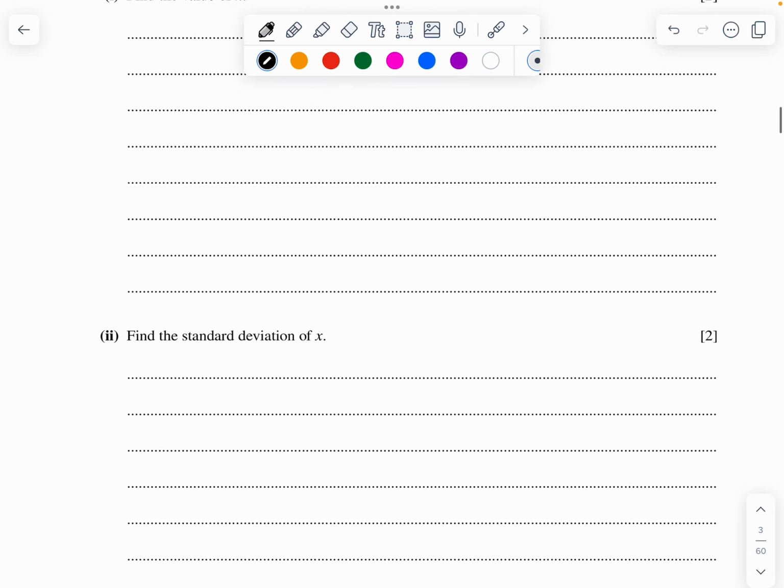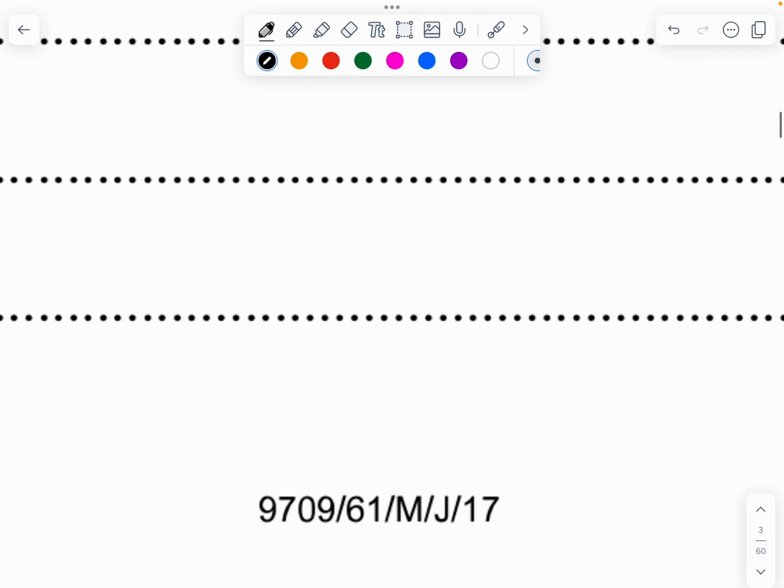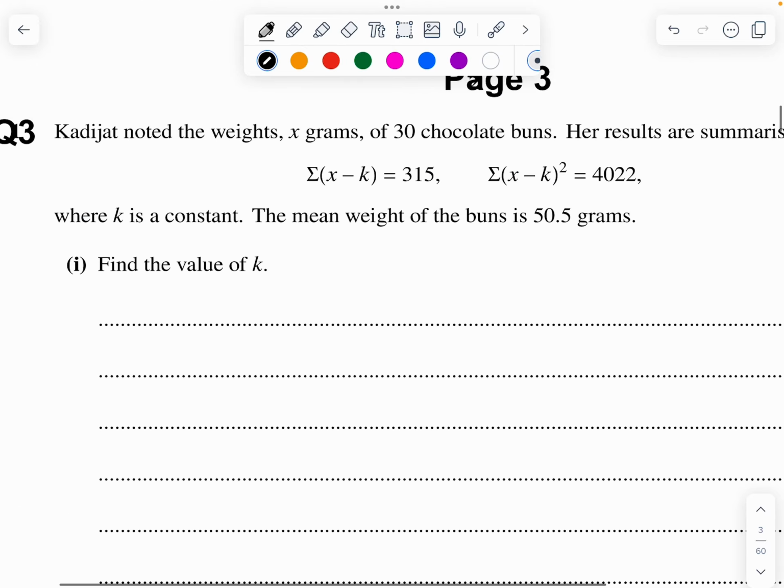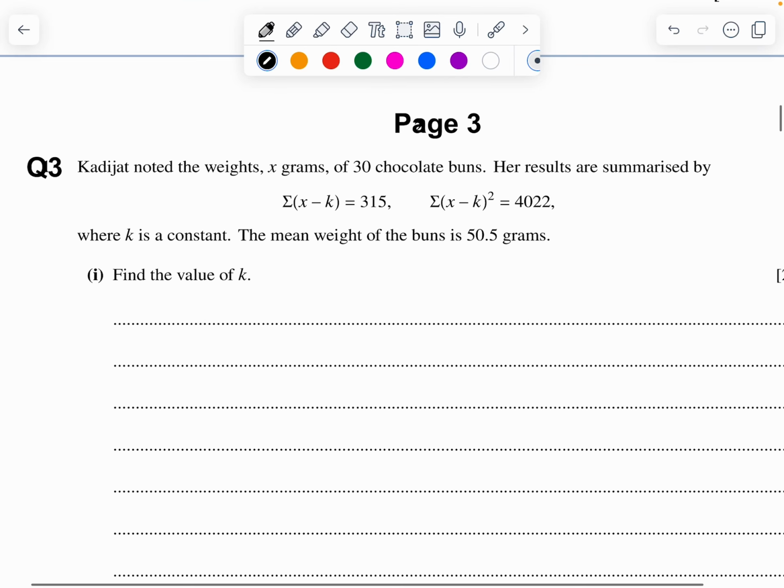Now coming to question number 3, from May-June 2017, paper 61. Khadijat noted the weights x grams of 30 chocolate buns. Her results are summarized as follows: sigma (x minus k) and sigma (x minus k) whole square.